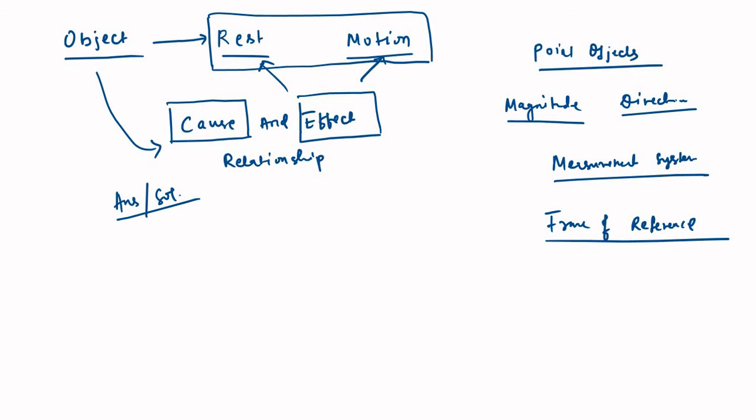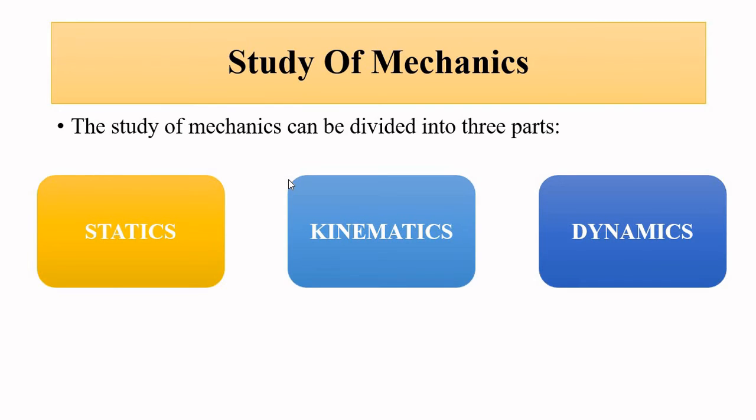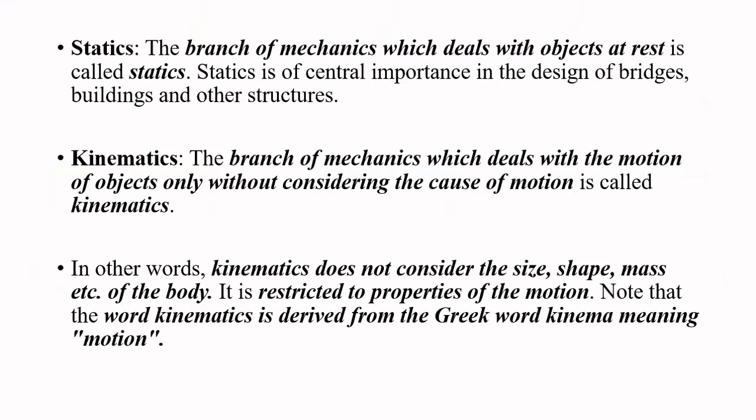Okay, now in order to simplify our study, we will divide it into three categories. The study of mechanics is divided into three parts: statics, kinematics, dynamics. Statics is basically the study of objects which are at rest, no movement, stationary.